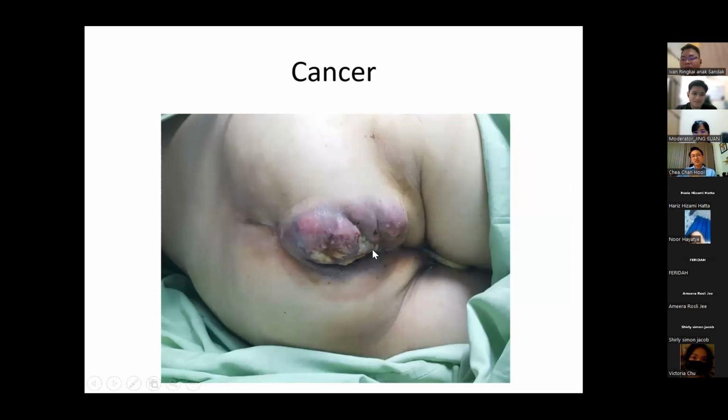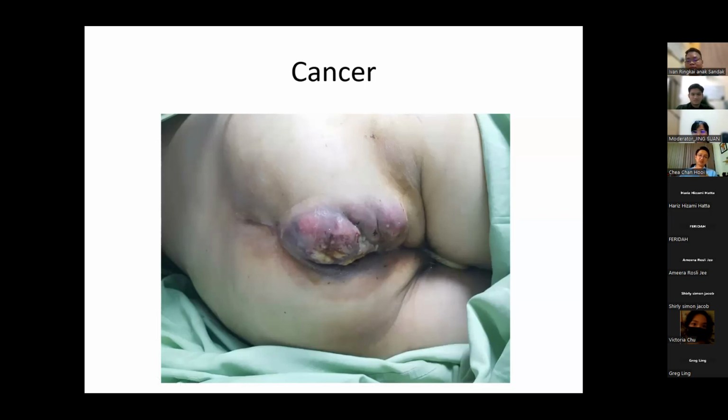Okay, so this is a patient, again, one of my patients back in Cebu Hospital. This is a lady. She had what was thought to be hemorrhoids for quite a few years.